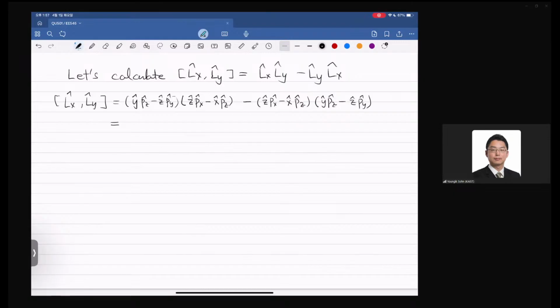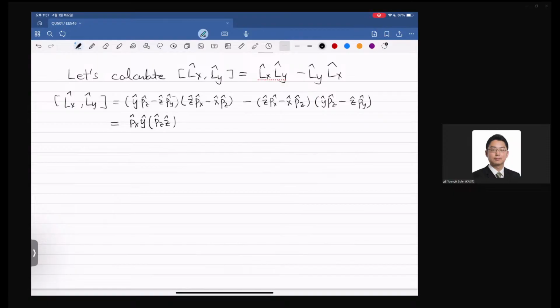So I can do this. Let me take a pxy here, and then in parentheses pxy, pxy, p. This term corresponds to the first product.